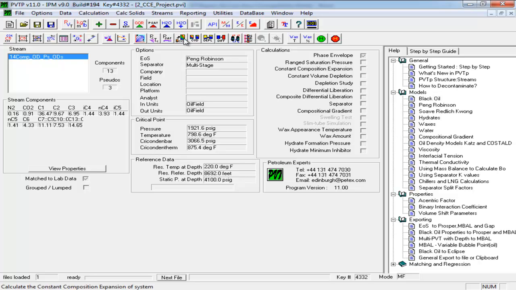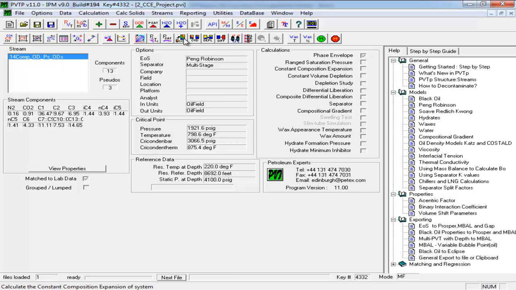I think the recommendation for the volume is already written here, so you will understand this. So in step B, it says run the CCE experiment and compare the simulated results with the measured results, reporting the absolute average error for the undersaturated oil compressibility, relative volume, and Y function.